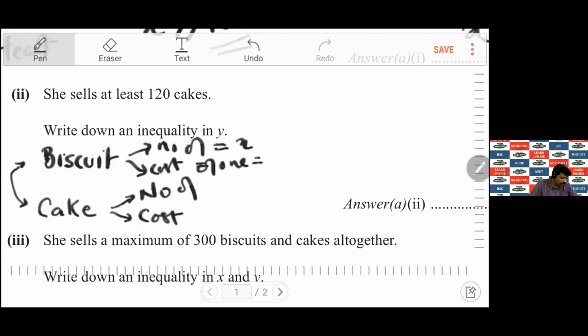So what is the cost of one packet of biscuit?